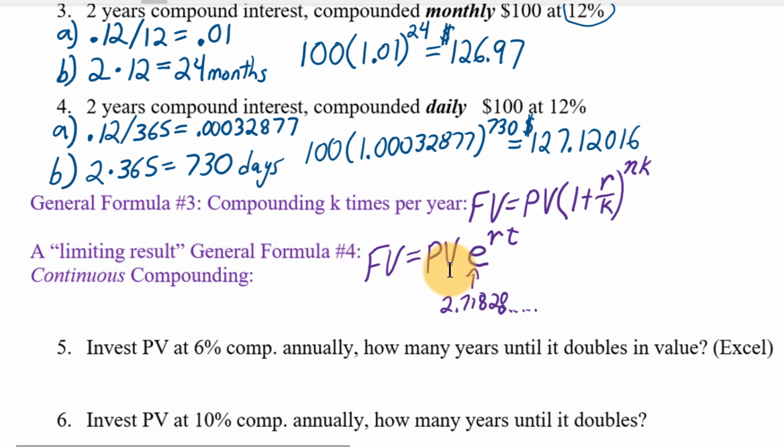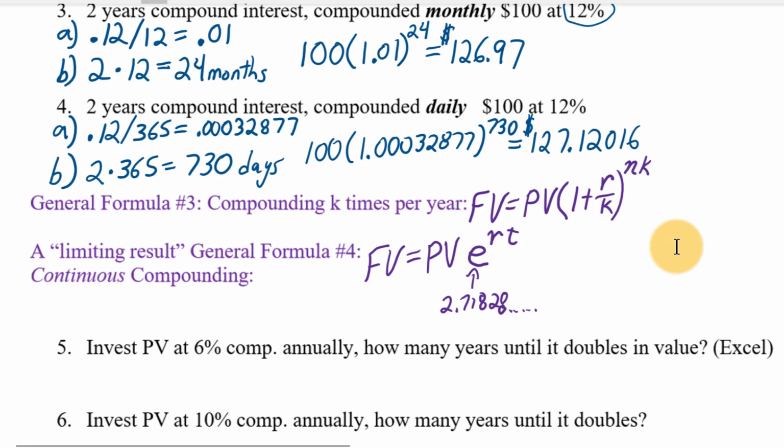Now here, this t does not have to be an integer. Normally when we think about compounding, we're thinking about compounding a certain number of years or a certain number of days or a certain number of months. Here, this t could be 1.33 years, right? 1 1/3 years, for example. So you can plug in any number of periods here that you want to try.